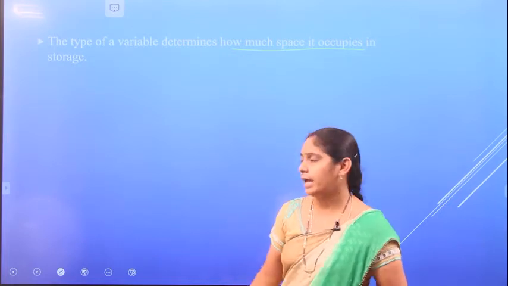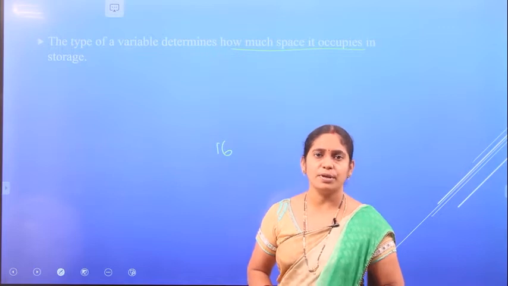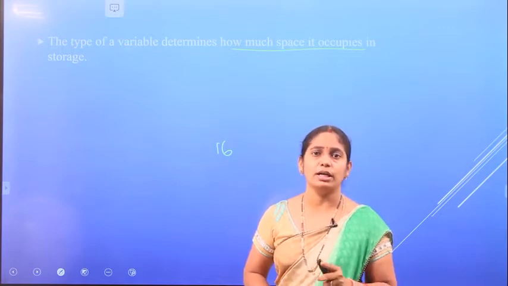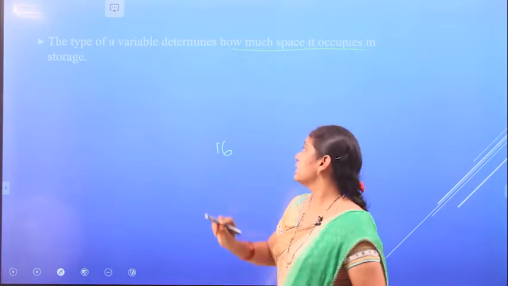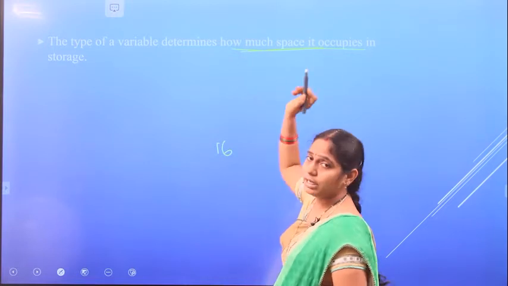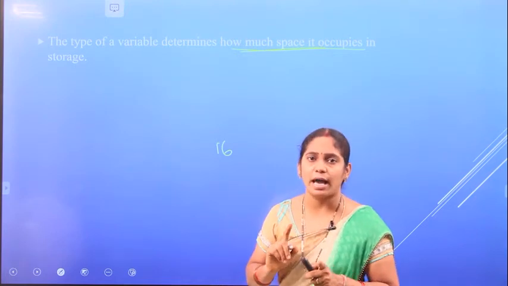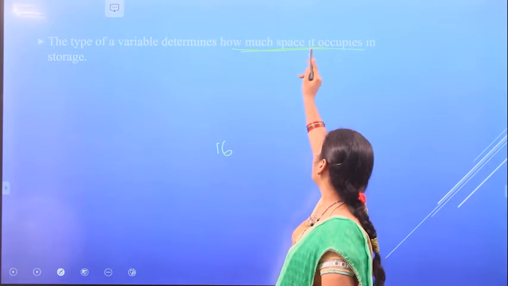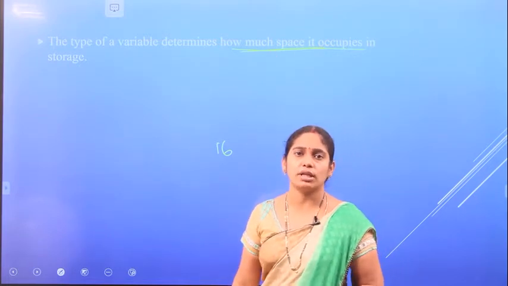When we specify the age as 16, to store that value 16 in the CPU, in the processor or in the computer, it needs some storage. So each type of value needs some storage. Here it also specifies the size of each type of value, that is, how much space it occupies in the computer memory to store that value.